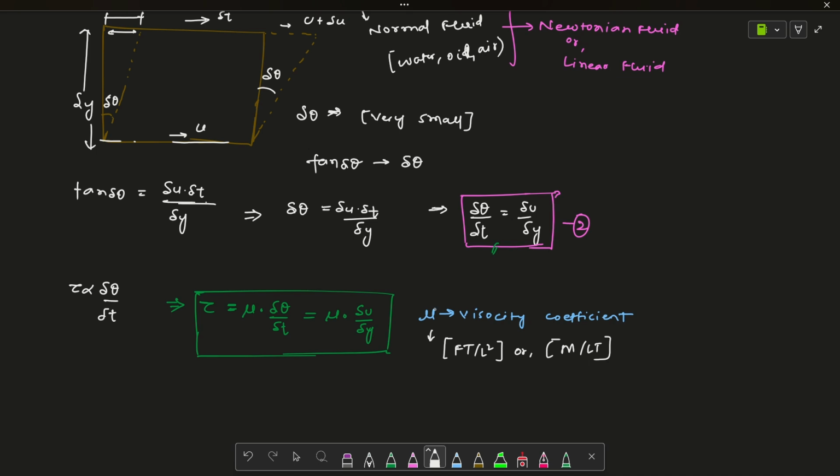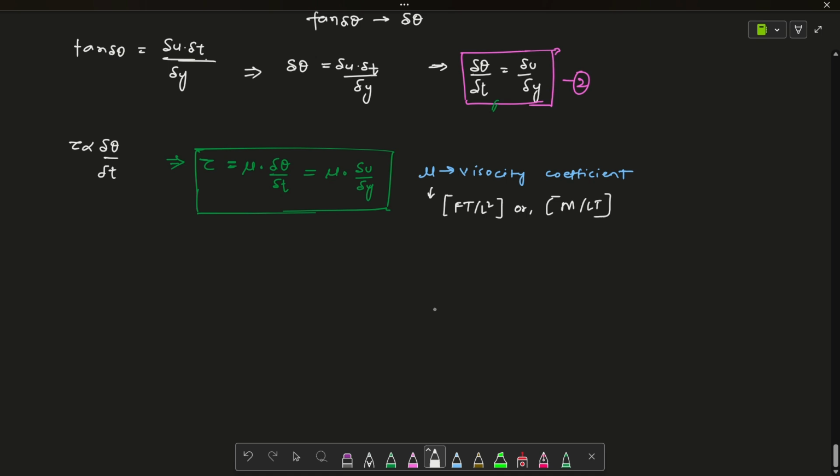So we have learned about the viscosity coefficient, mu. It is the viscosity of Newtonian fluids, like the linear fluid which we are discussing here. It is a thermodynamic property that varies with temperature and pressure. Generally speaking, the viscosity of a fluid increases only weakly with pressure.